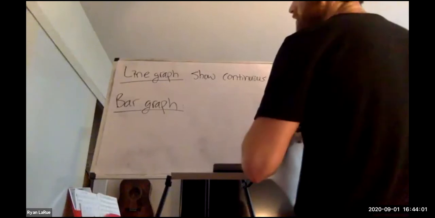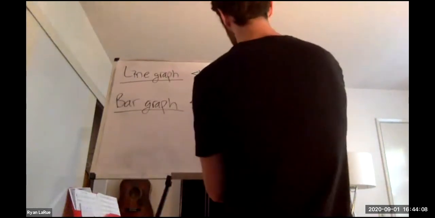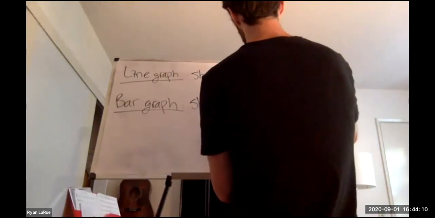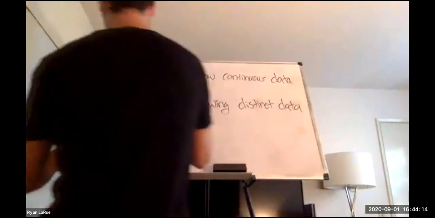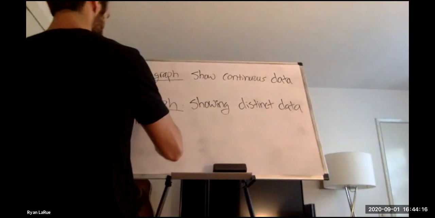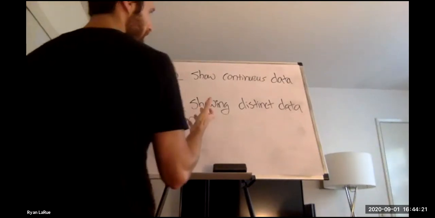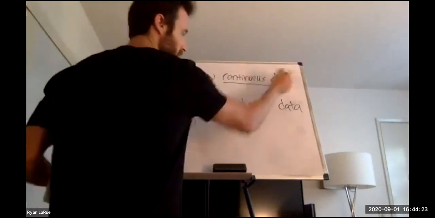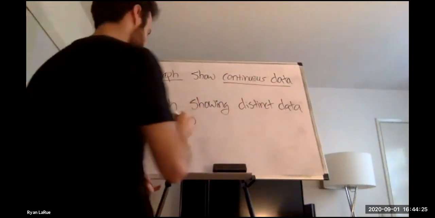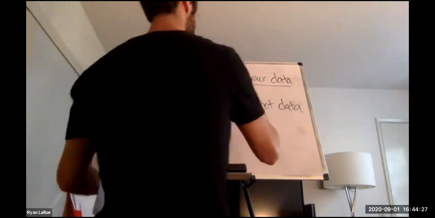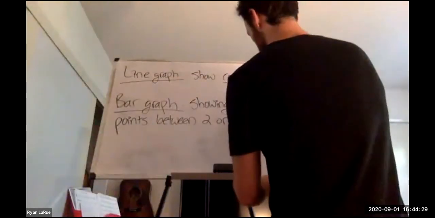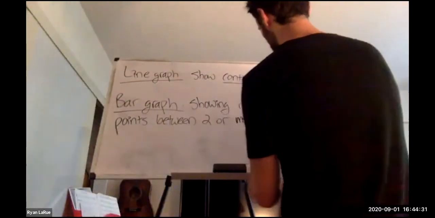A bar graph is used for showing distinct data points between two or more categories. So as opposed to continuous data, this is categorical data, with two or more categories.